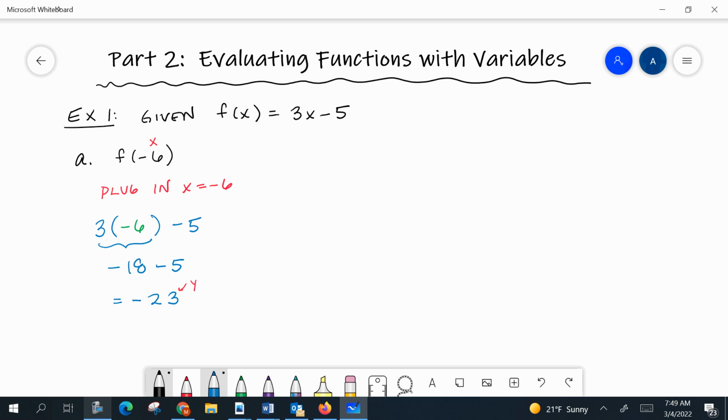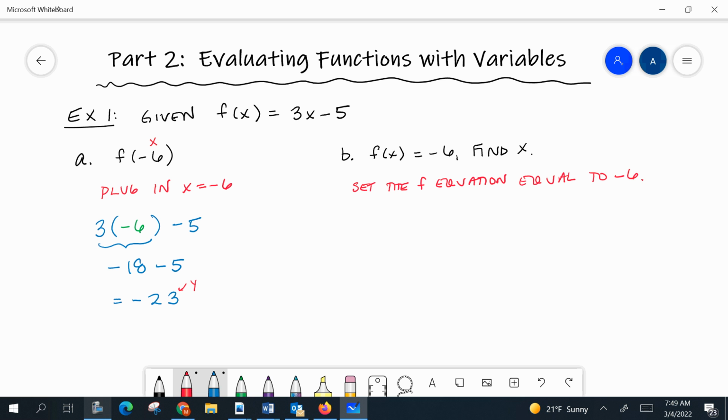So then we saw problems like this, where it would say f of x equals negative 6, and then it said find x. So how does moving the negative 6 over on the other side of the equal sign change this problem? Well, it changes the meaning of the problem. Now what this means is we need to set the f equation, which is 3x minus 5, equal to negative 6.